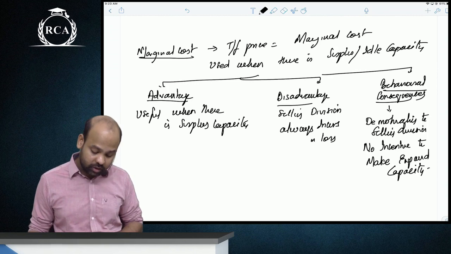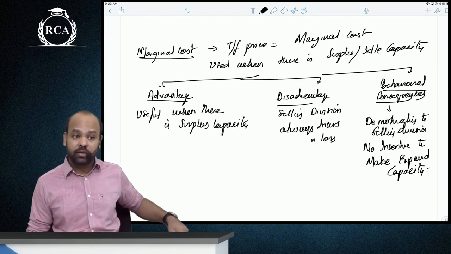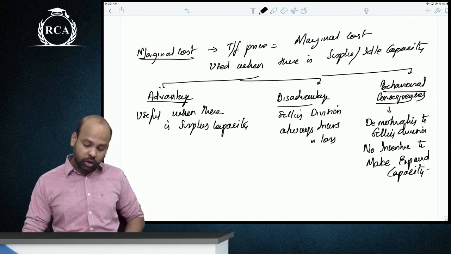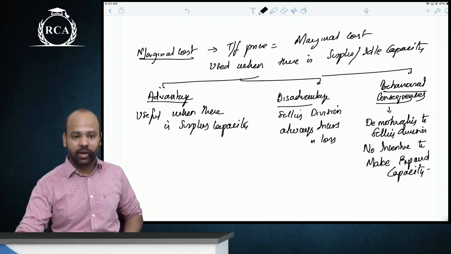This is marginal cost based transfer pricing method. Please write this, guys. बेटा behavioral consequences भी लिखना है अपन को. This was whole. ये pause करके copy कर लो. But I just explained. I'm zooming in as such, guys.